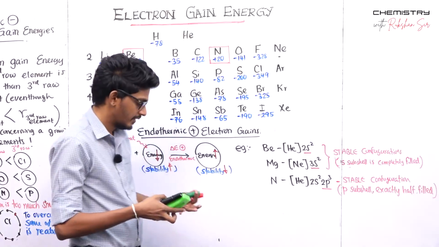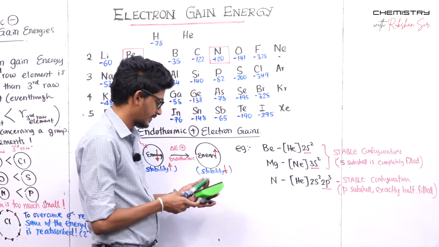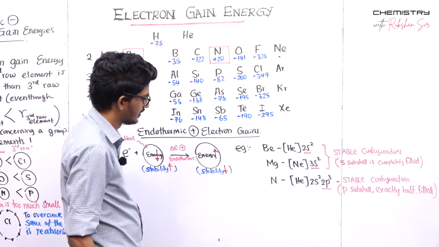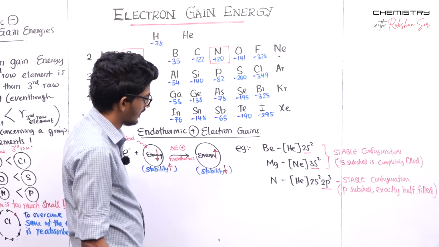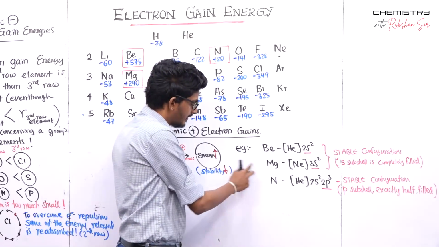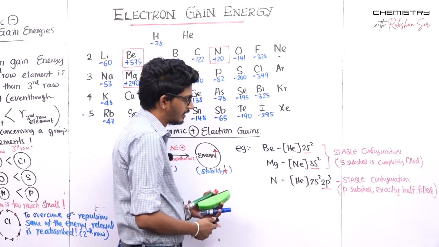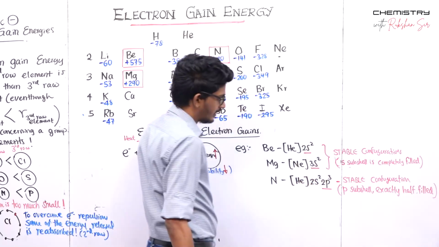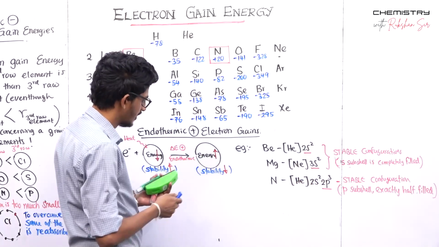So when it comes to endothermic values, that is greatest with magnesium and beryllium rather than nitrogen. These two configurations are more stable than this. I'll write that as well.